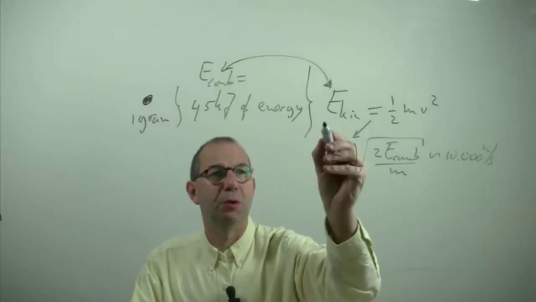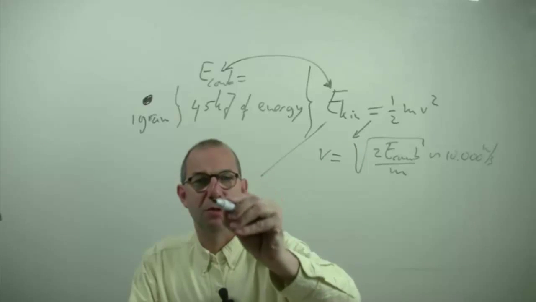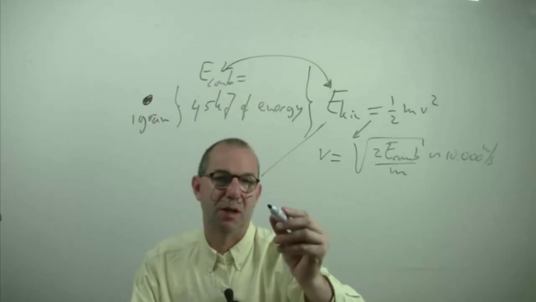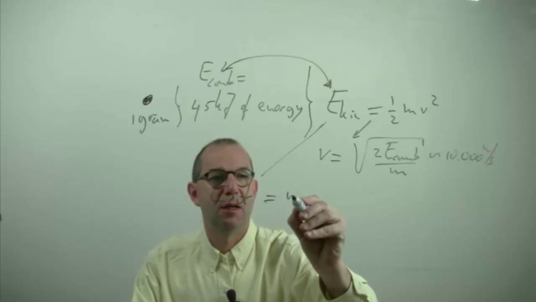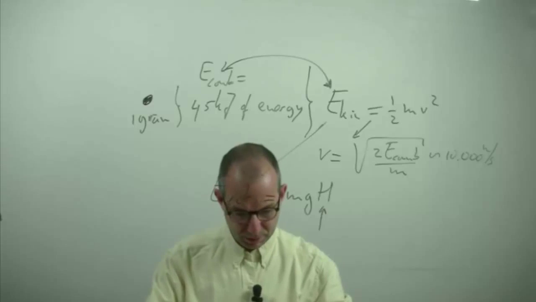Sure, we could also compute, suppose we don't use it for kinetic energy, but we use it to lift up this particle, so I turn it into potential energy. I bring it up in height rather than up to speed. mgh, and the question is, what would be this h?